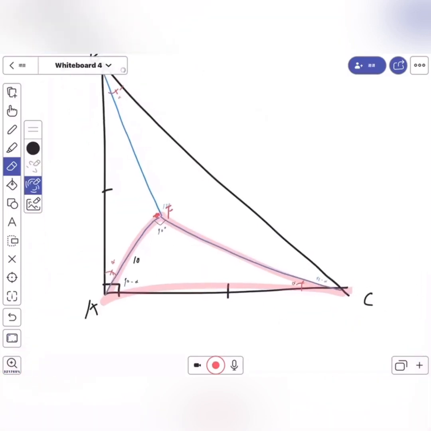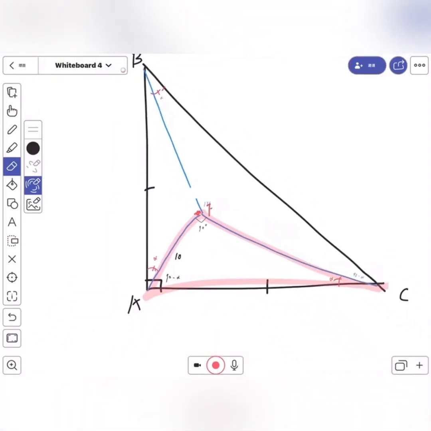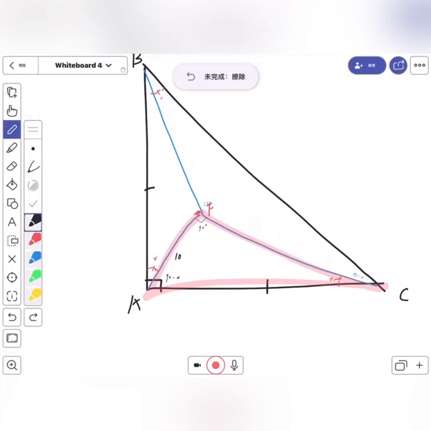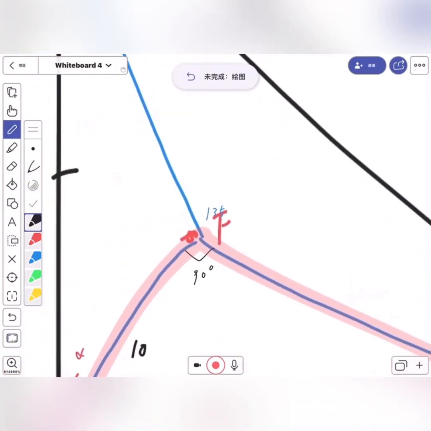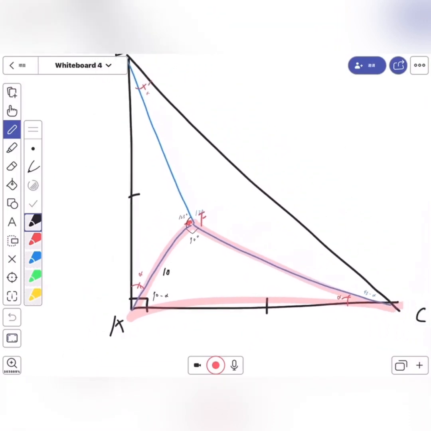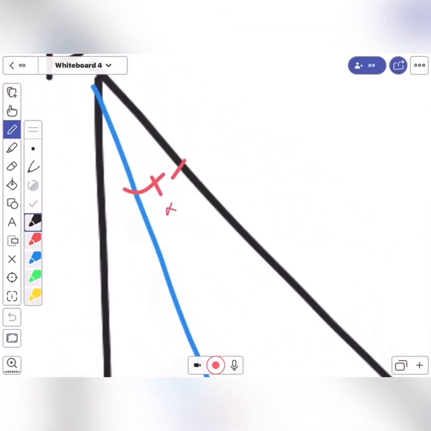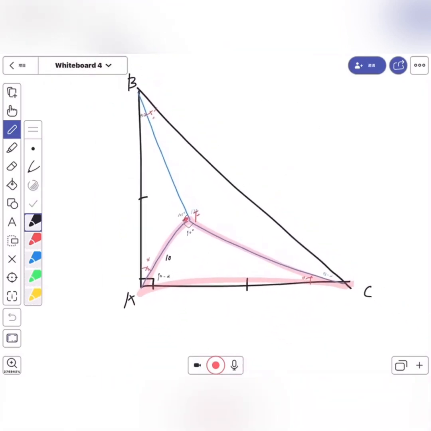There's no alpha. And because we know that these three angles must sum up to 360, because we're doing one rotation surrounding this point, this angle must indeed be 135 also. Okay. And we also know that this is 45 minus alpha. Okay.